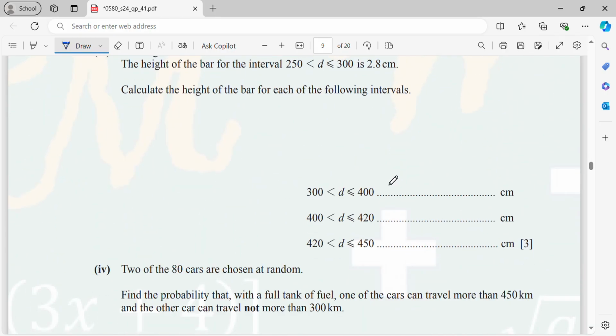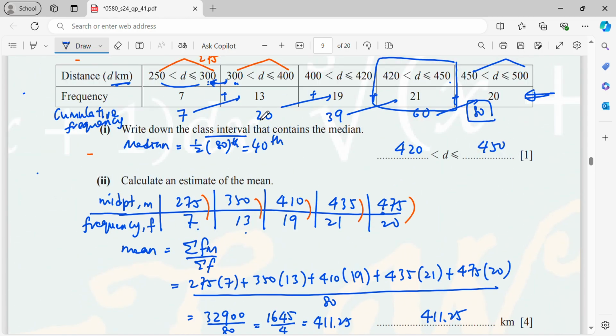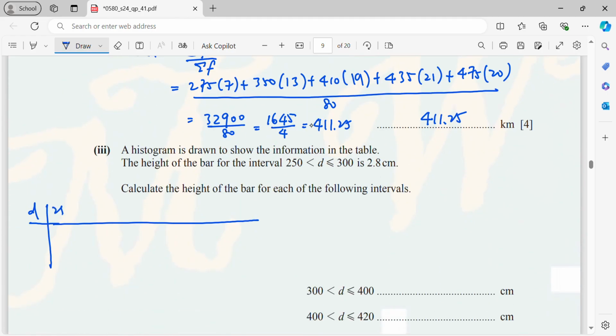Now I will copy the table here. Let's say this is D. Instead of writing the interval format in D, I will just write with a dash: 250 to 300. After that, 300 to 400.